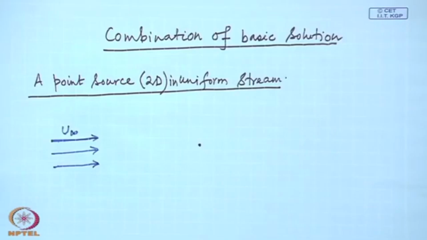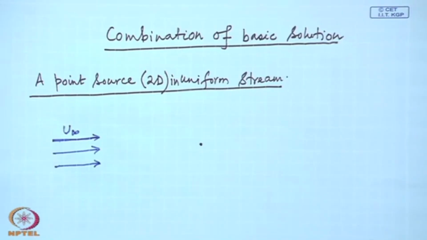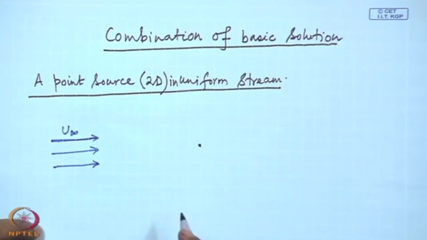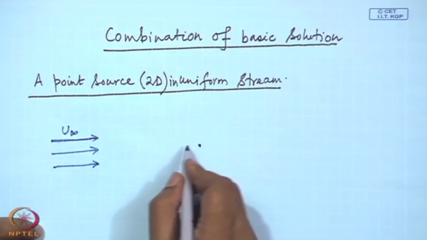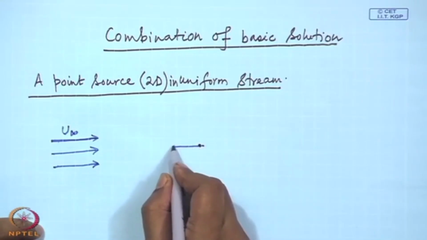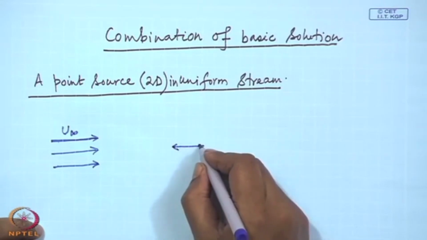As you know, the potential due to a point source is m by 2 pi log r, where m is the source strength, and r is the distance from the location of the point. Now, if we show some of the streamlines of this point source, they are all radial.